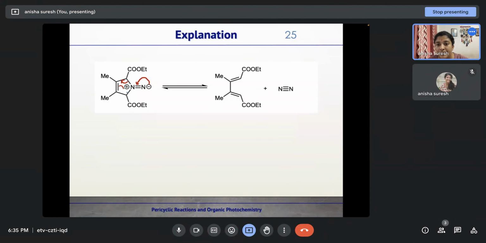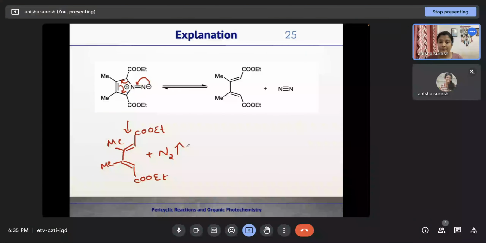It will shift here, and this will shift over to here. Now, as we can see, a new bond is formed, COOEt and methyl, and here there is only a single bond now, methyl, and this nitrogen is getting eliminated. So this is an example of a chelotropic reaction. Clear?